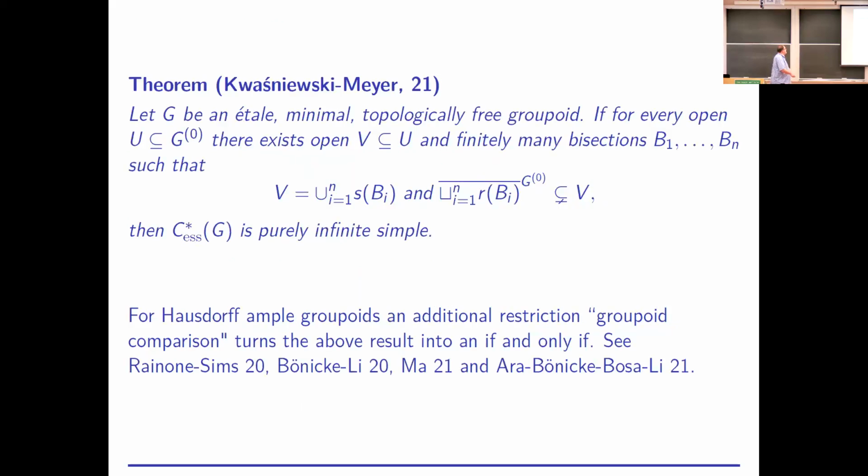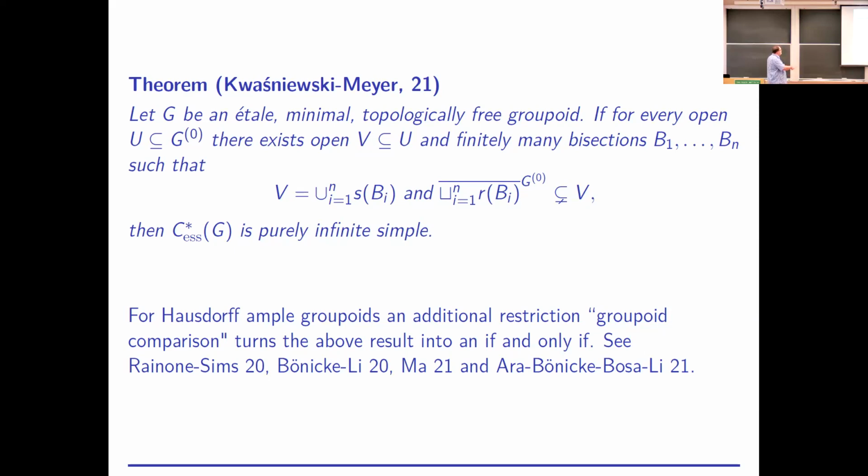This was then extended for the non-Hausdorff case. Kwasniewski and Meyer introduced this result. Let G be an étale minimal topologically free groupoid. So again, we've lost second countable, we've lost Hausdorff.